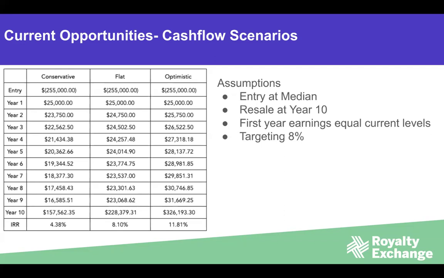So the conservative case, we see a pretty healthy decline year over year, I think about a 3% or 5% year over year decline. And then the flat is slower decay, I think about 1%. And the optimistic model's growth, and that's what you get: a range of 4% to almost 12%, depending on how it performs. Any one of these could happen. They all are pretty realistic and pretty conservative.